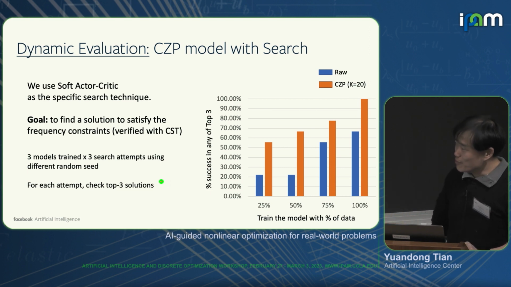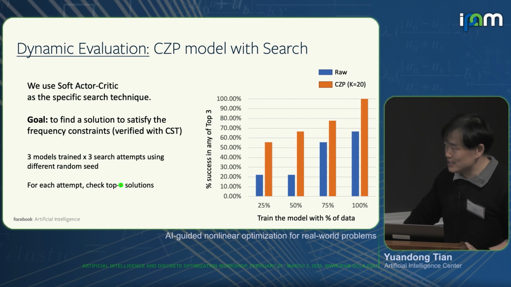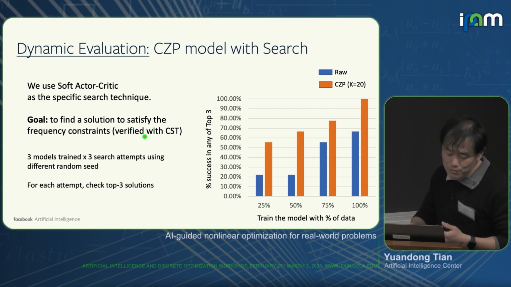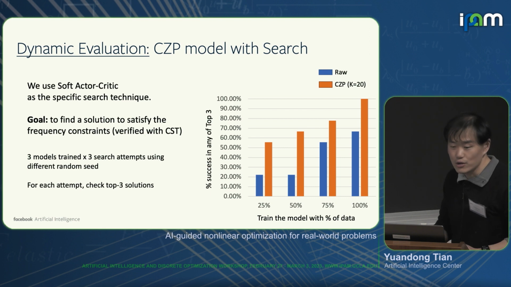Here we try three models, and each model has three search attempts using different random seeds. For each of the attempts, we check whether any of the top three solutions is a feasible solution according to the criteria. We see that with more and more data, both of them of course have a higher success rate, but the CDP model does better than the raw models.